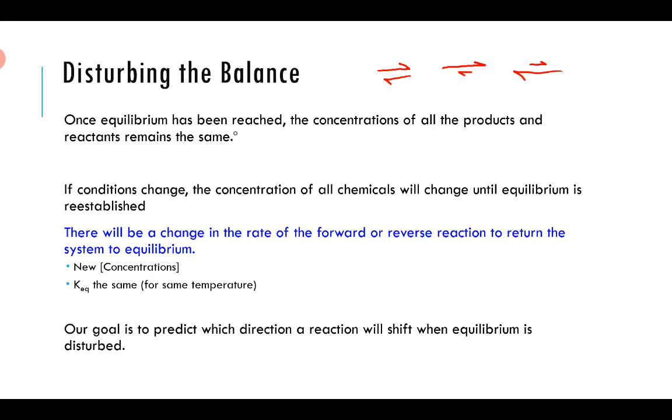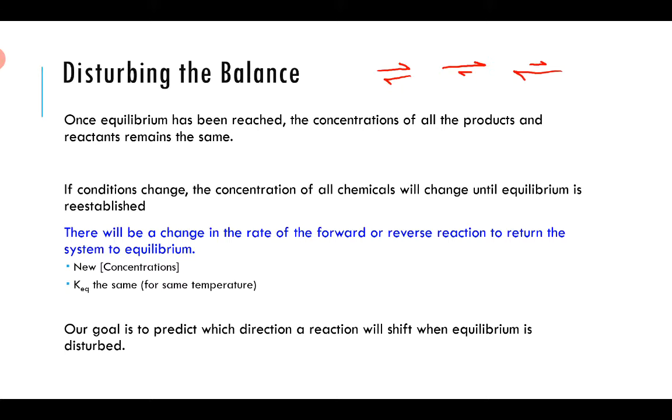So once you reach an equilibrium, we know that the relative concentrations of reactants and products stays constant. There's no change to the concentration of reactants and products because the rate of the forwards and reverse reactions is equal.